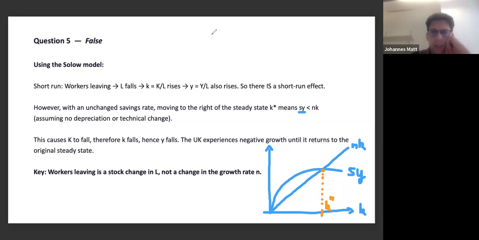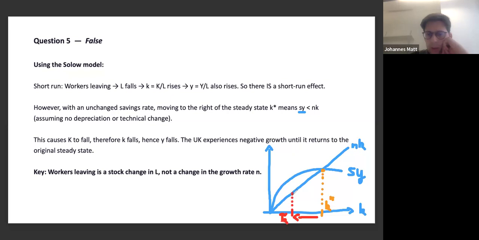Now, how should we think about a one-off decrease in the capital stock? Well, it's a one-off decrease in the amount of capital per worker available. So say we start out in the steady state, so we move along in this direction to this new level K, let's call this K tilde maybe. At this point, what is going on?